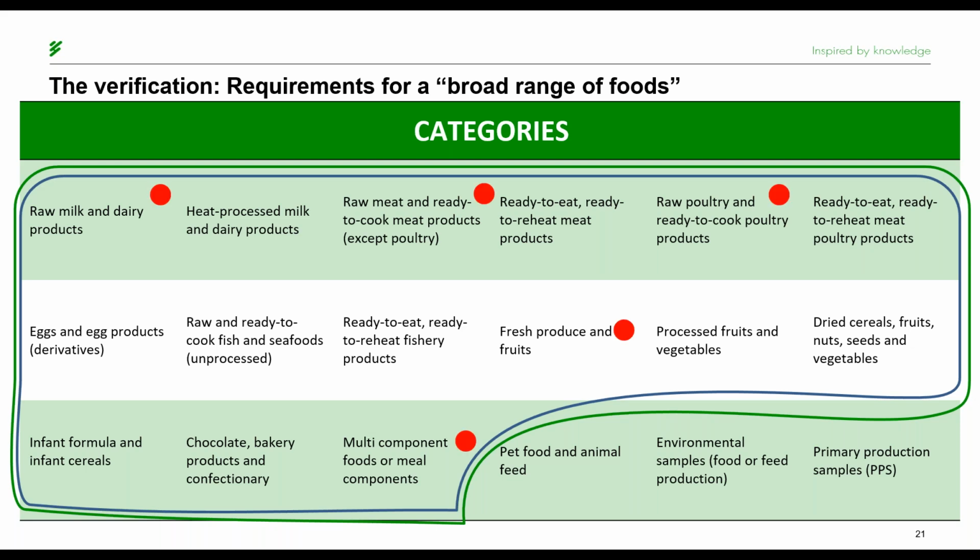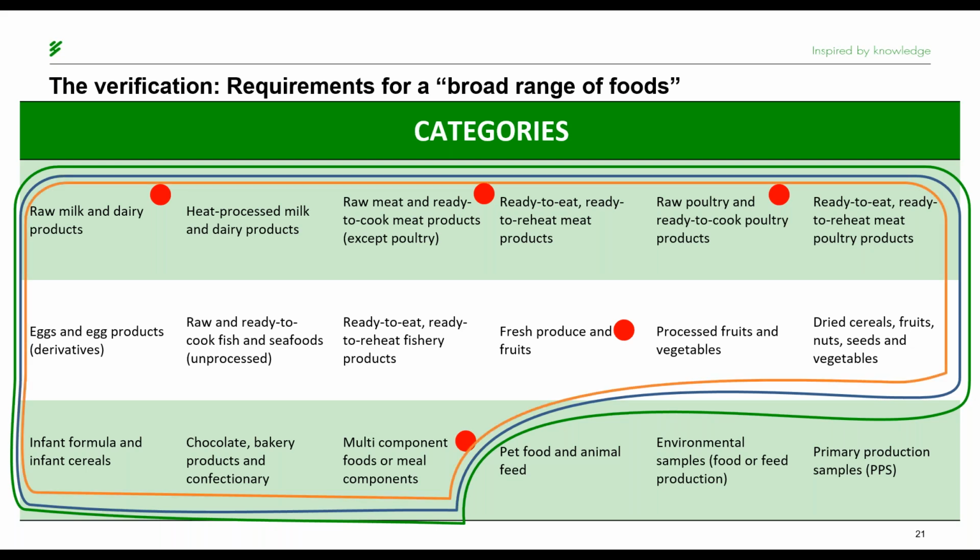In red, the ones that were tested during the validation. And finally, in orange, all the categories within the scope of the laboratory. This is a more visual way to confirm that the lab scope should always be within the validation scope.